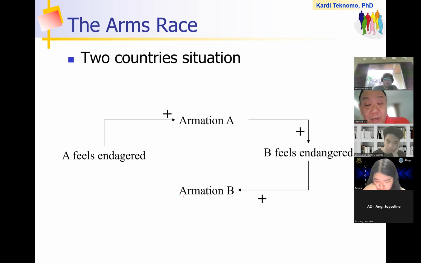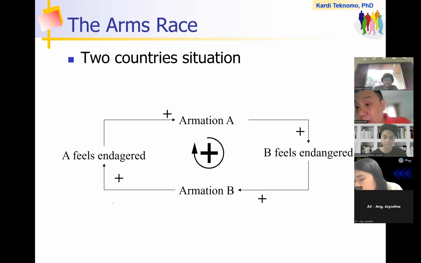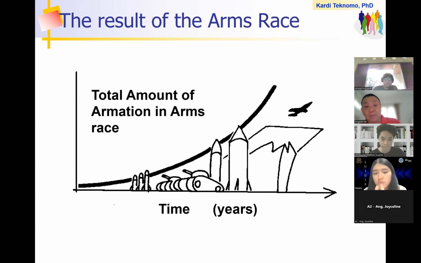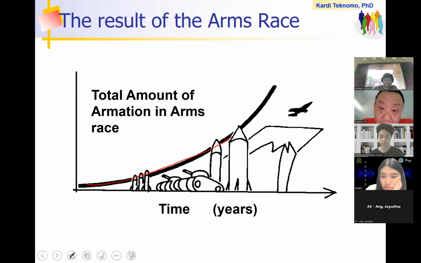And eventually, that armament will feel like a threat to country A again, right? So plus multiplied by plus multiplied by plus multiplied by plus is positive. So we have a positive feedback loop. Okay, so then we have this kind of result. Clear? So we can guess the behavior of this diagram because we know this is a positive feedback loop. Any question?